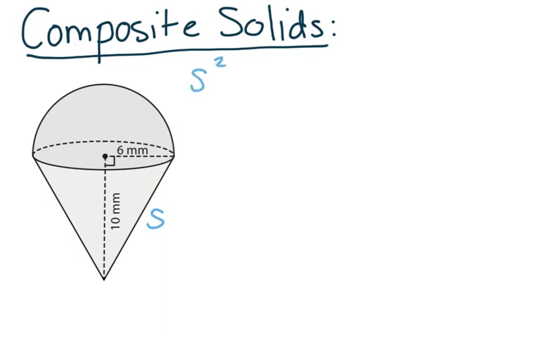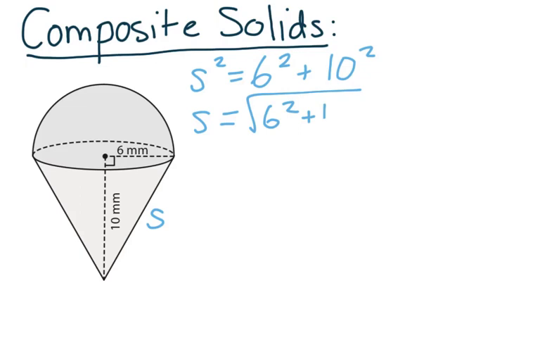So we would do s squared is 6 squared plus 10 squared. So then s is the square root of that. So our slant height is 11.7 millimetres.